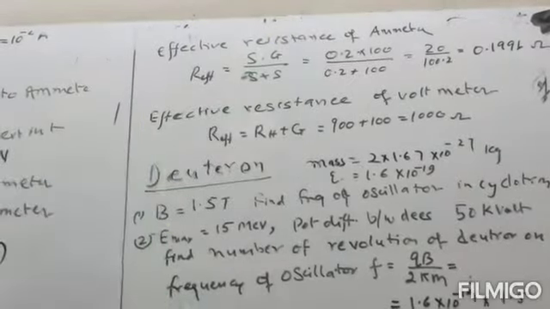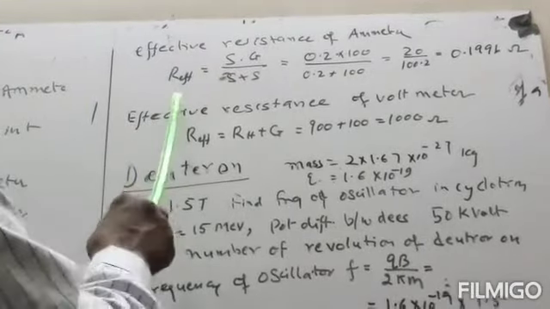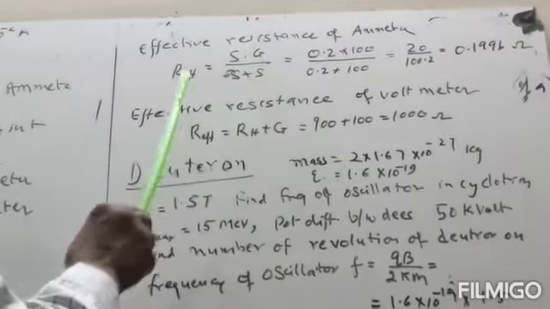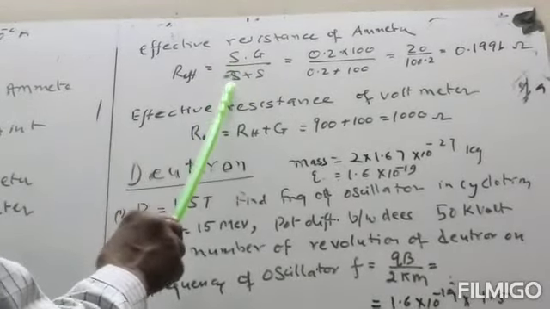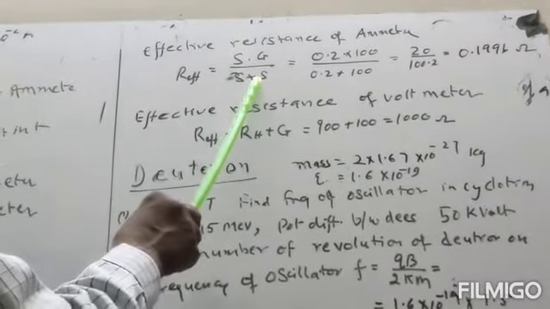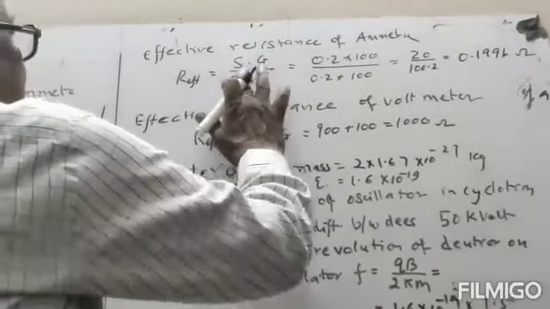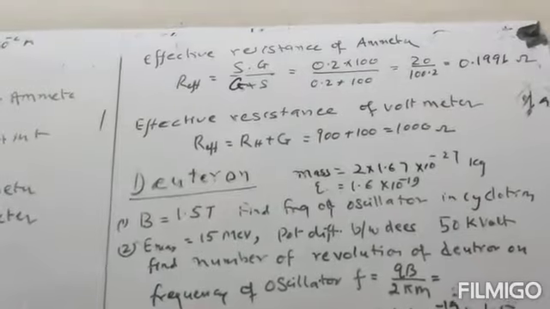Effective resistance for the ammeter will be equal to the parallel combination of S and G. So it will be S into G divided by G plus S. We substitute the value.